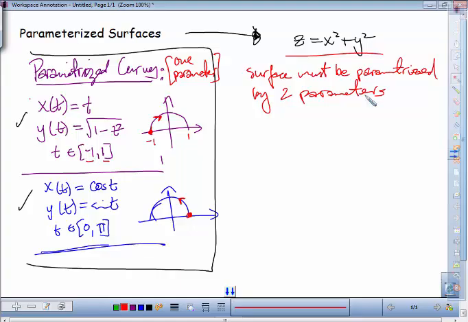And what we call these parameters does not make a difference to the image. In most graphing programs that I've dealt with, they tend to like using u and v. There's some that use S and T, but we can use whatever we want.